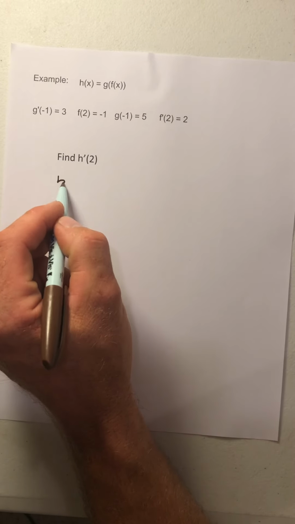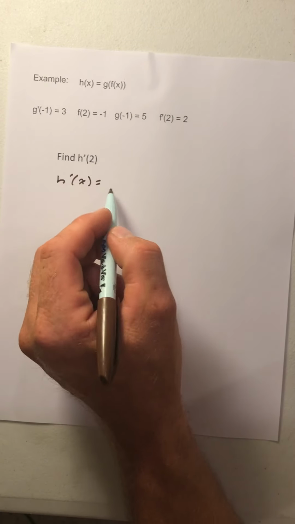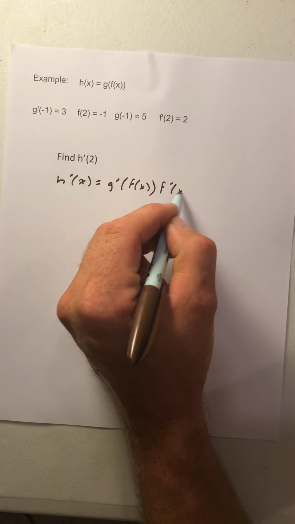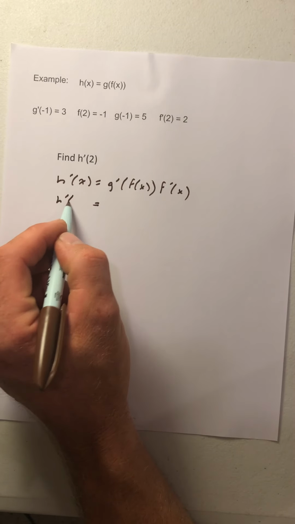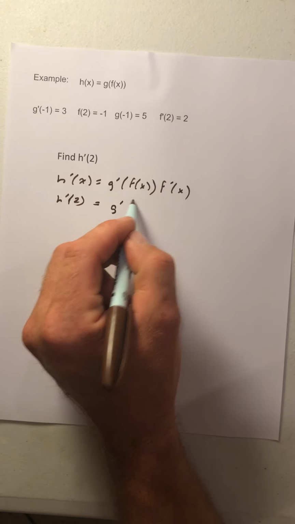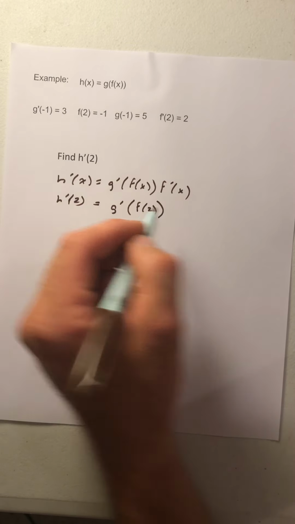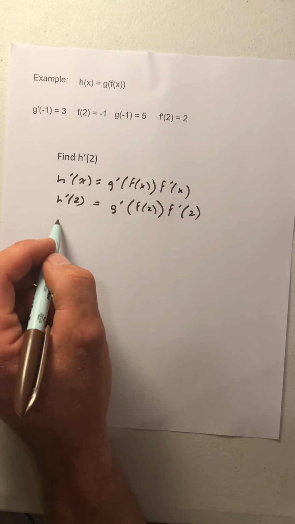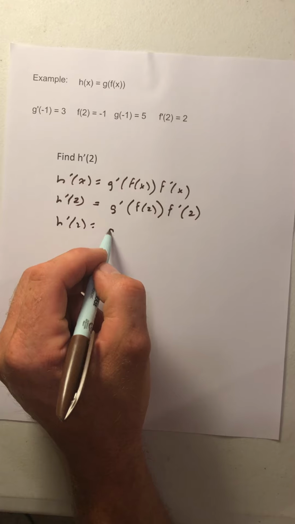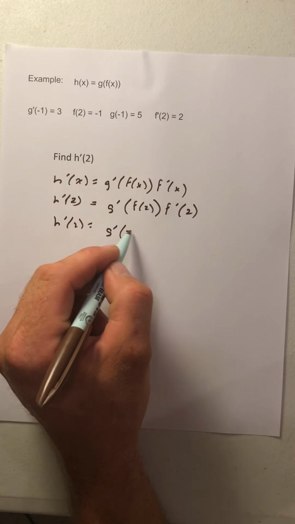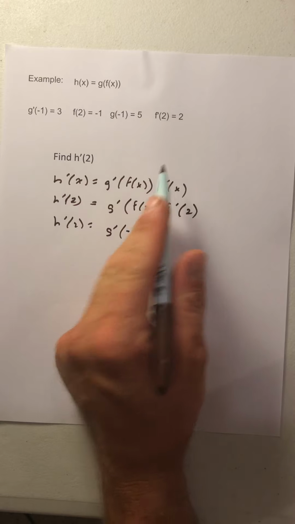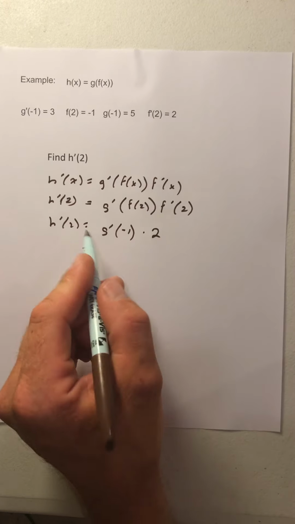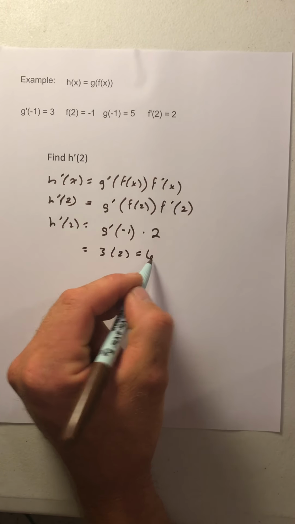If I want to find h'(2), I'm going to find first h'(x). h'(x) is g'(f(x)) times f'(x). So h'(2) will be g'(f(2)) times f'(2). f(2) is -1. f'(2) tells us that it's 2. g'(-1) we see is 3, times 2, or 6.